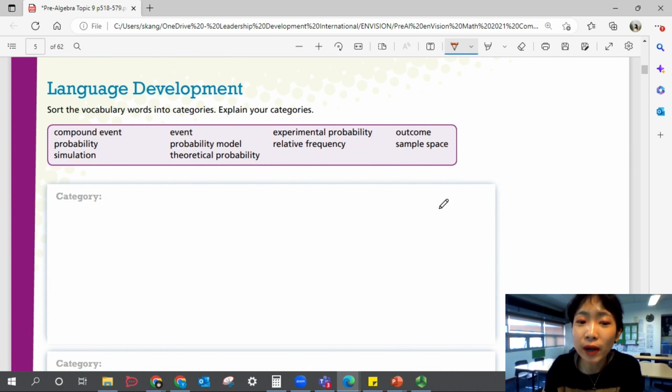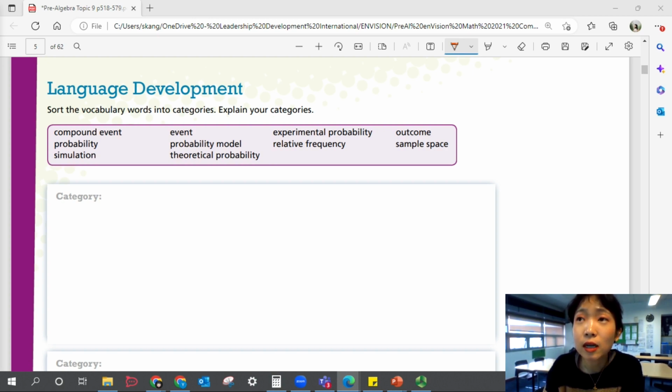Second page, we're going to get ready to get started on topic 9. So we're going to think about topic 9 and sort the vocab words into categories. Now, we haven't learned the vocab words yet, so this is just a preview, okay?